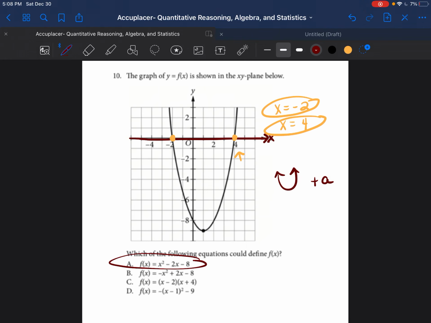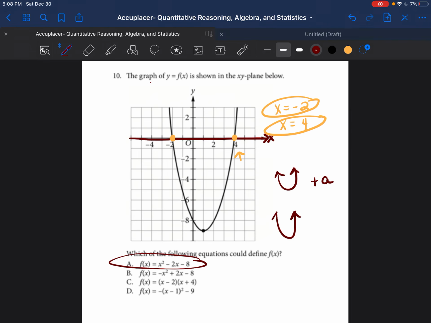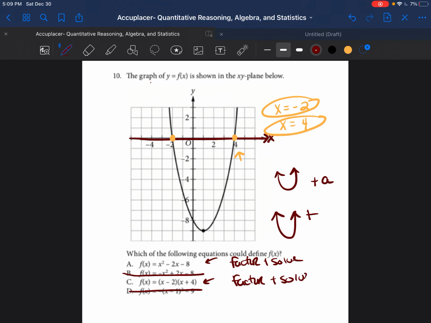So what I need you guys to remember is that anytime you see a function and it's a happy graph, then the first value has to be positive. That's how we eliminated 2 out of the 4 equations, because this wasn't positive and this wasn't positive. Then we just factored both of them and solved. Factor and solve, factor and solve.